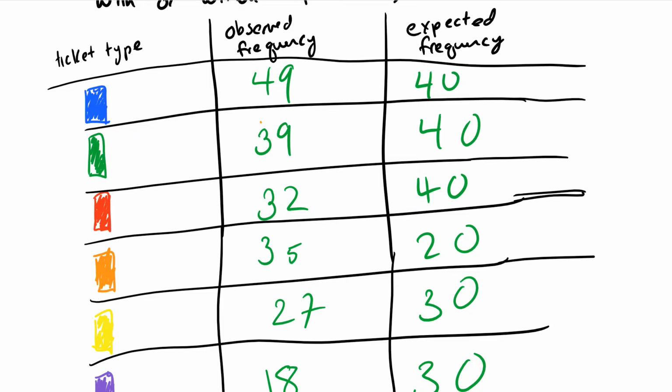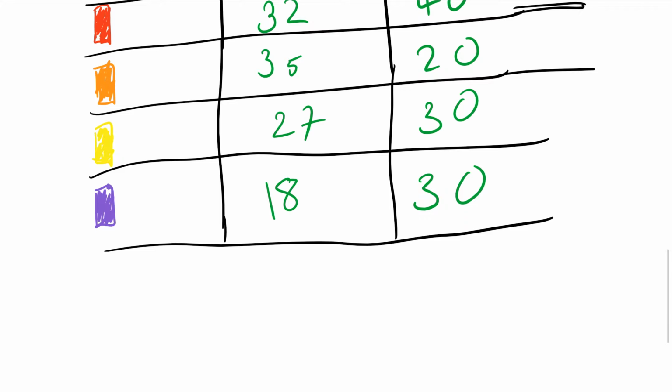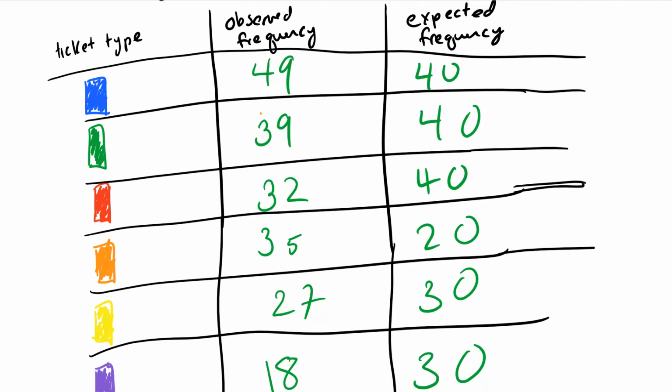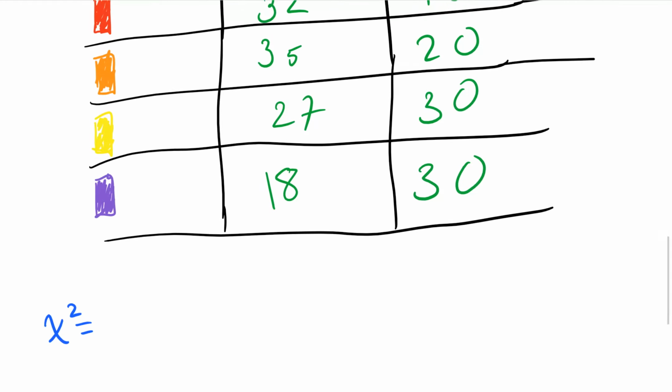So now that we have the observed frequency and the expected value, we can use the chi-squared test. So chi-squared is equal to, we'll start with the blue, take the observed frequency minus the expected, square it, and divide by the expected frequency.